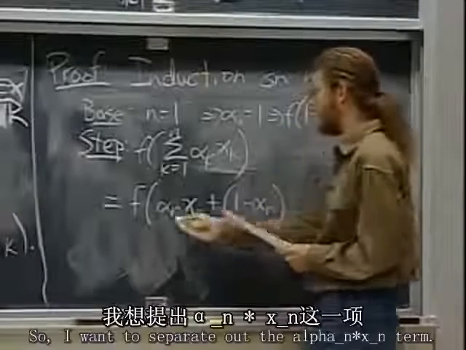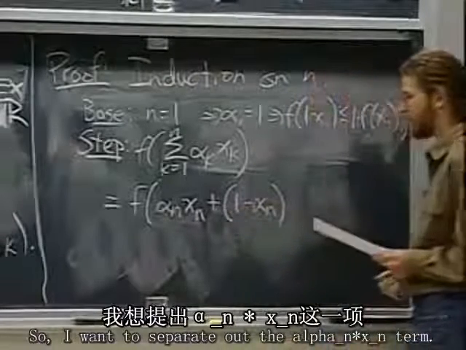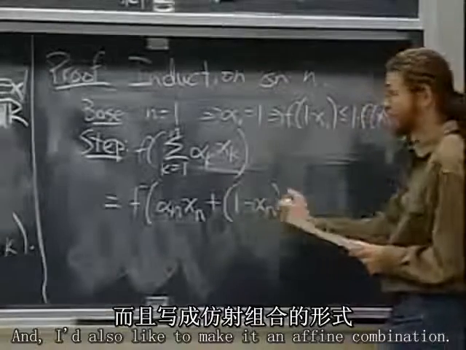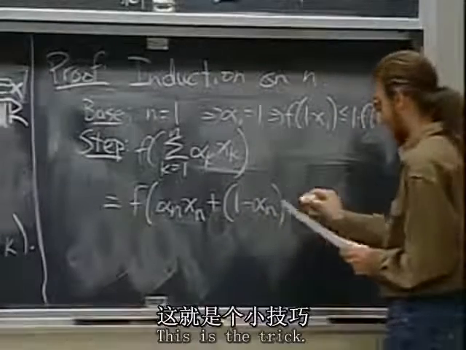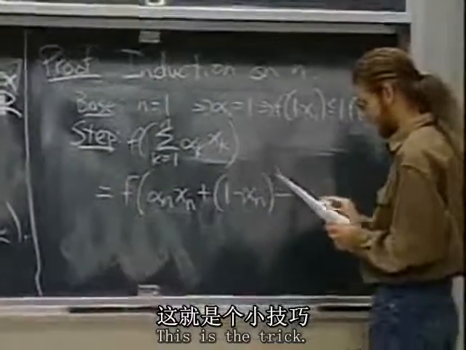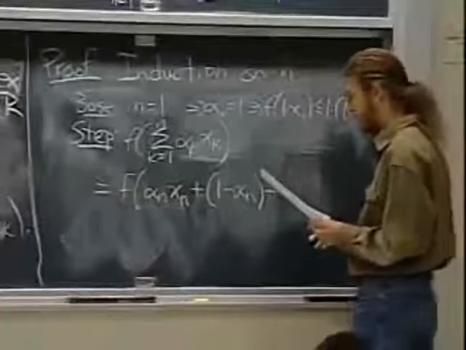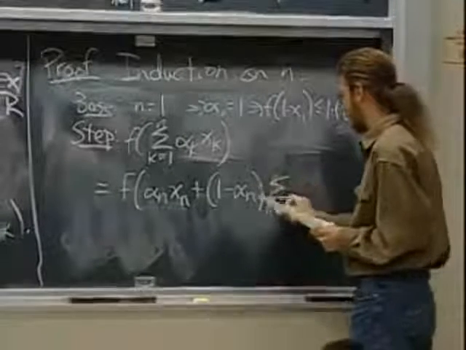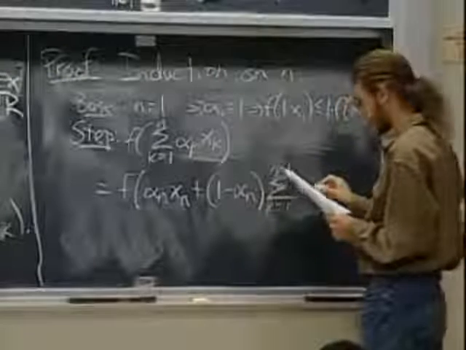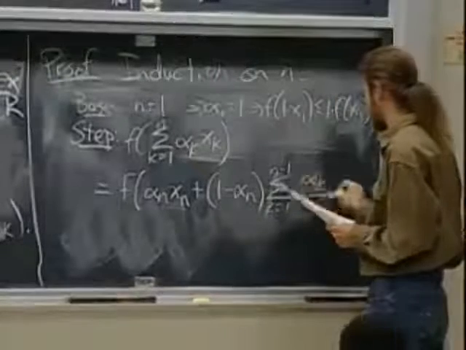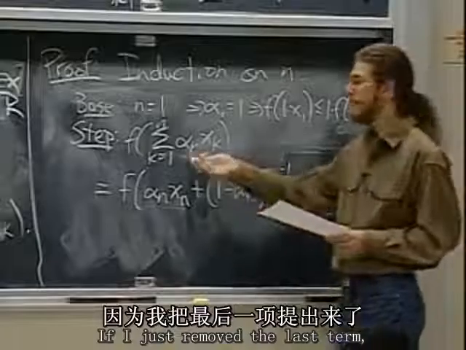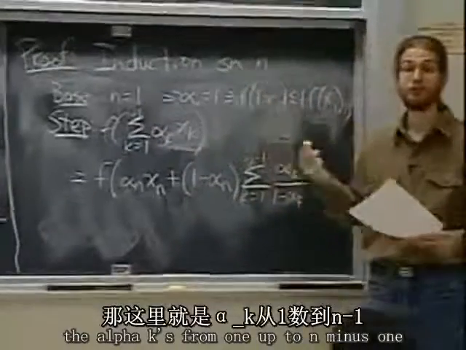So I want to separate out the alpha n x n term. And I'd also like to make it an affine combination. This is the trick. Sorry, no f here. If I just removed the last term, the alpha k's from 1 up to n minus 1 wouldn't sum to 1 anymore.